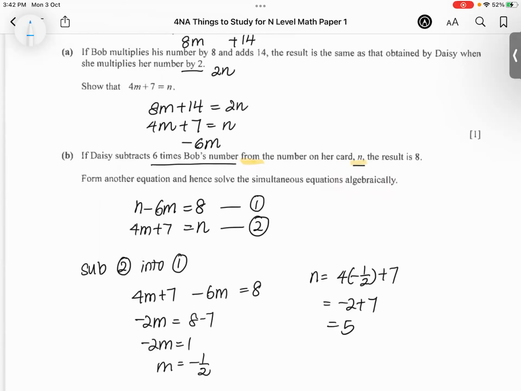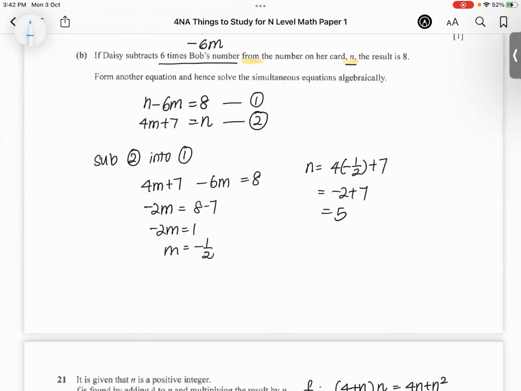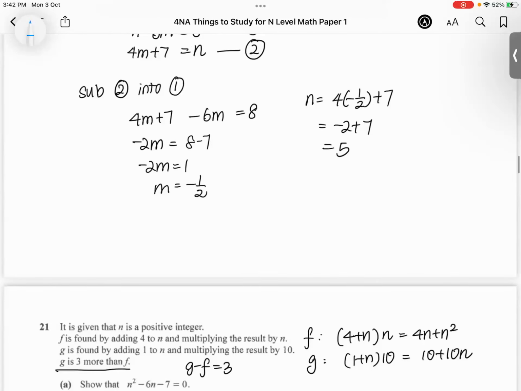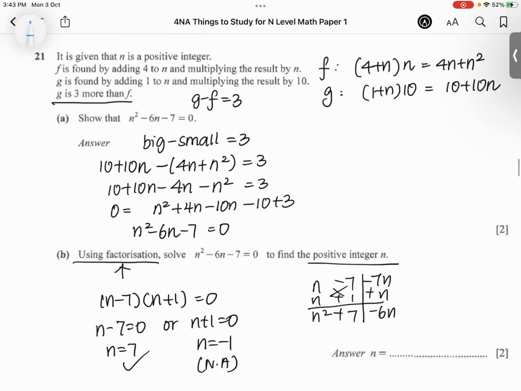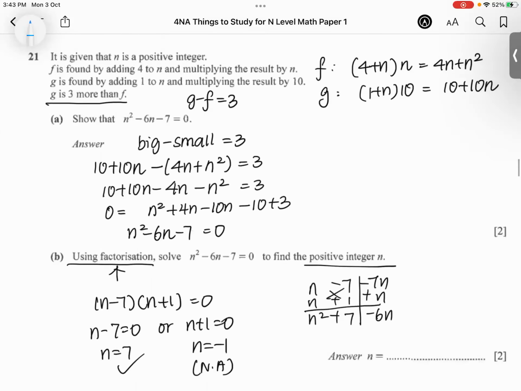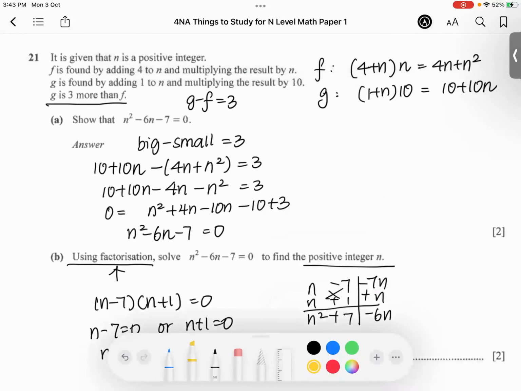Okay, next question. Now this part over here has the same type of concept, just that it's a quadratic equation. Now the part that students are not very sure how to express mostly is this portion over here: G is 3 more than F. When you are not very sure, then your question is, which number is big?